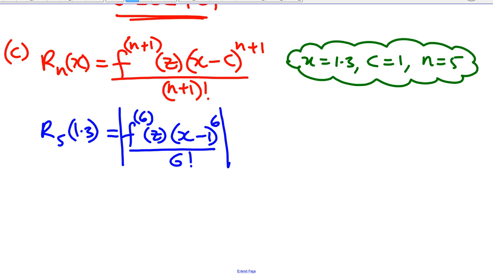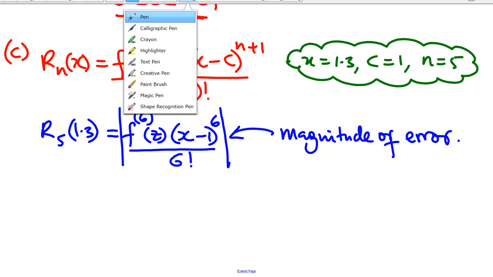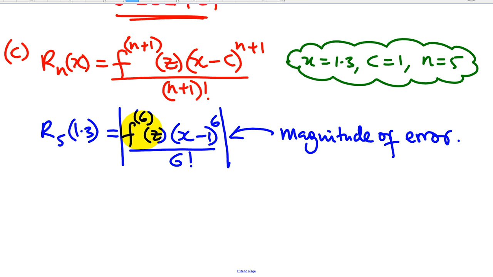Remember, this is the magnitude of error. So what we have to do is find what this bit is.